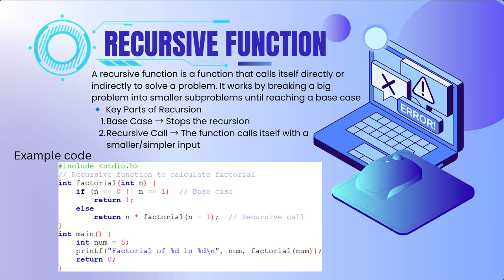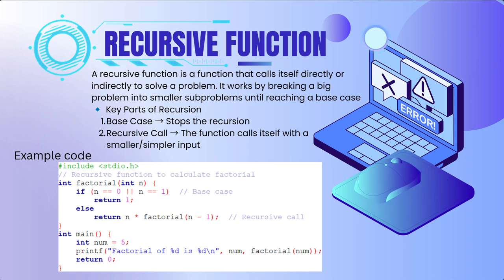Here we have the most famous example, the factorial of a number, so let us understand this. We have one function, factorial, which receives one argument n of integer data type. We check with the if condition, which is the base case: if n equals 0 or n equals 1, we return 1.